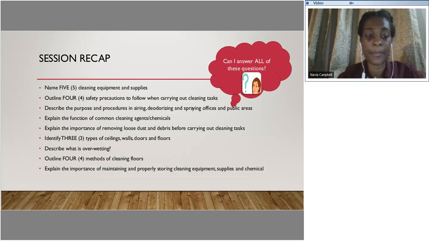Go ahead and look at the quiz. Name 5 cleaning equipment and supplies. Outline 4 safety precautions to follow when carrying out cleaning tasks. Describe the purpose and procedures of airing, deodorizing, and screening offices and public areas. Explain the function of common cleaning agents and chemicals.